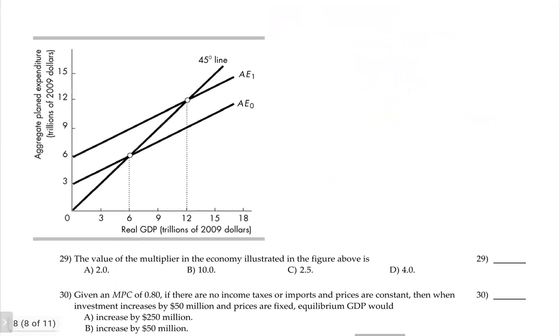Okay. Now look at 29. The value of the multiplier in the economy illustrated in the figure above. So we need to find out the multiplier. But first we need to find out MPC. Right? So let's see how we can find out MPC. There are many ways.